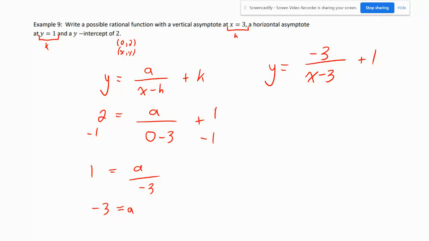All right, so this will be our answer for this guy here. It's very similar to ones we just got. We're giving the information in words rather than actually giving you the picture of a graph.